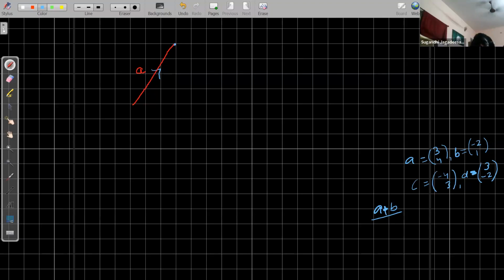You just go minus 2 on the x-axis. You have to start B from the top. Where you have ended A, you have to start B from there only. No, it is not minus 2.